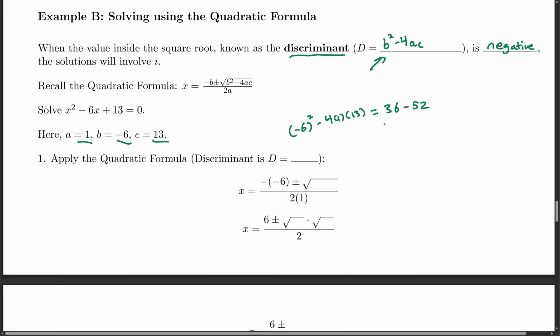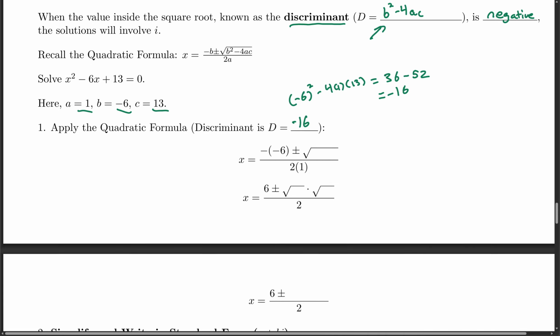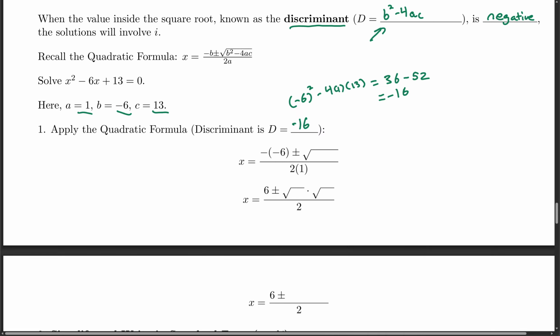All right, and that's going to equal -16. So the value of the discriminant is a negative number. It's -16. So I will end up with an imaginary solution. Okay, so that's just a little precursor that tells us we're going to have a negative square root and imaginary solution.